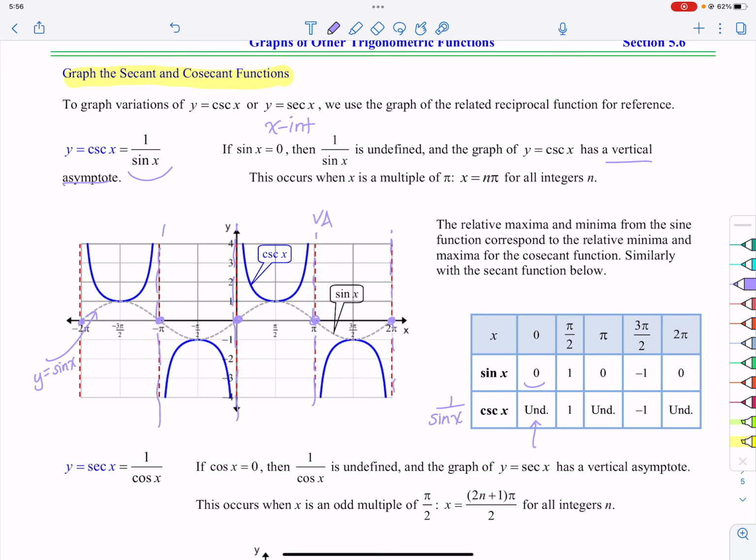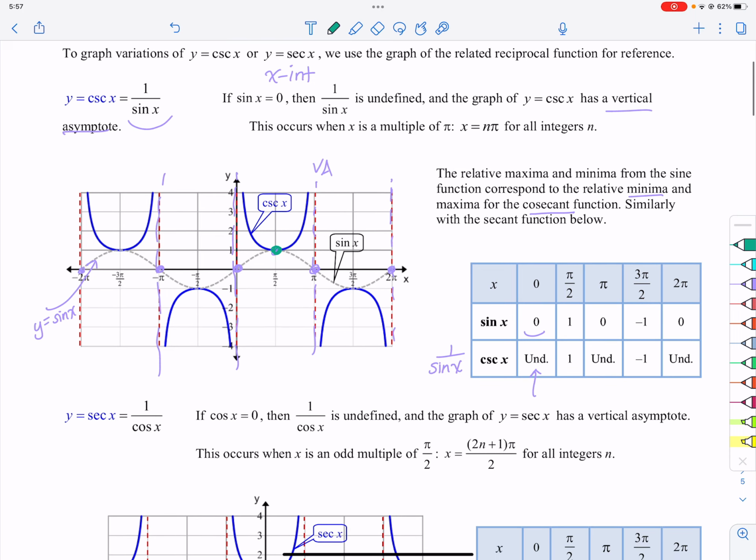Okay? So the max and the min from the sine function correspond to the min and the max for the cosecant function. Okay, so those are interchanged. What used to be a max on the sine of x is now a minimum on the cosecant of x. Okay, so it's very nice.